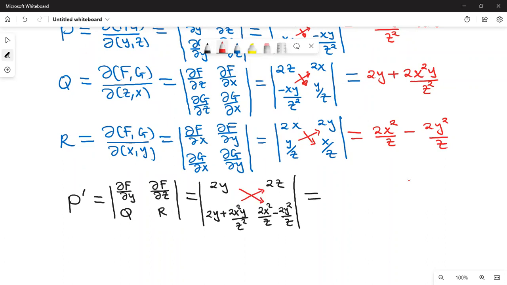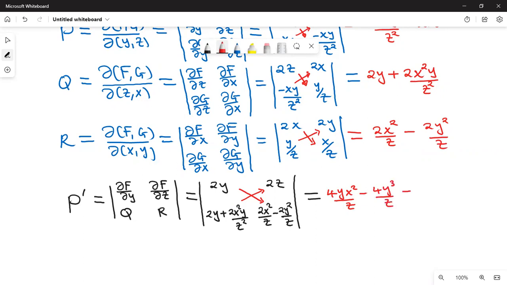Well, let's start with the leading diagonal. We are going to get 2y times 2x squared over z. That should give us 4yx squared over z minus 4y cubed over z.